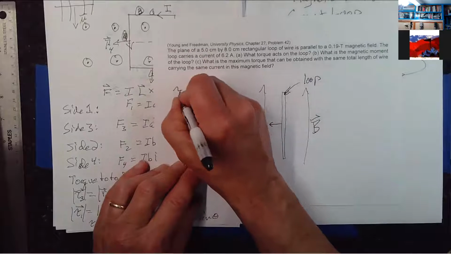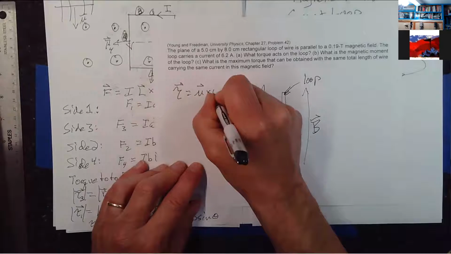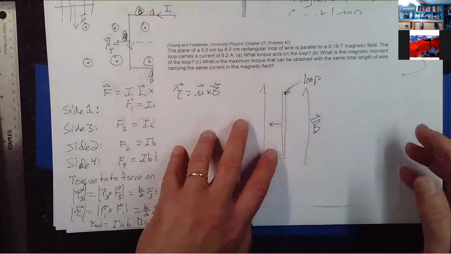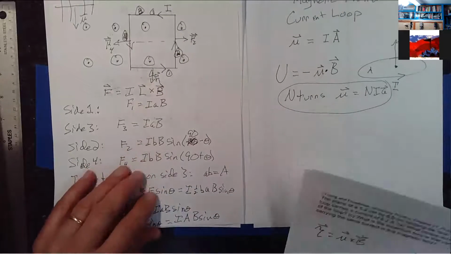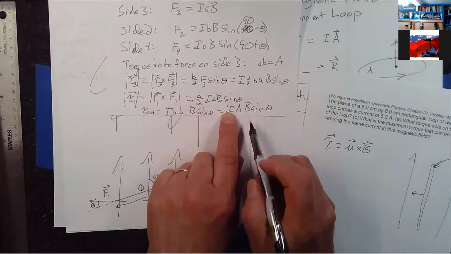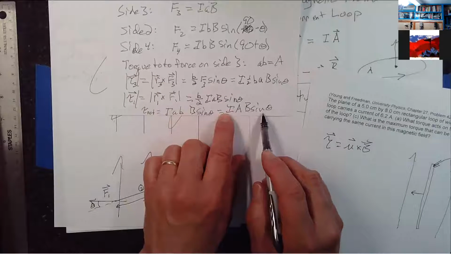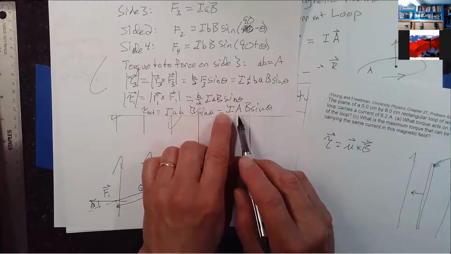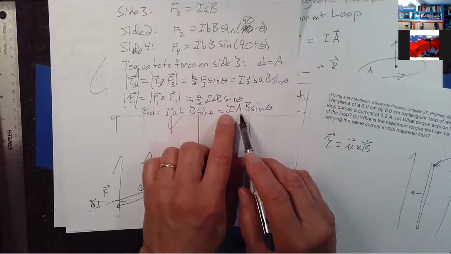So the torque will equal mu cross B. Oh, did I ever? I don't think I ever exactly did that. What we had here, because we had that the net torque on the thing was IAB sine theta, and then we defined the magnetic moment to be I times A, then that'd be the mu thing.